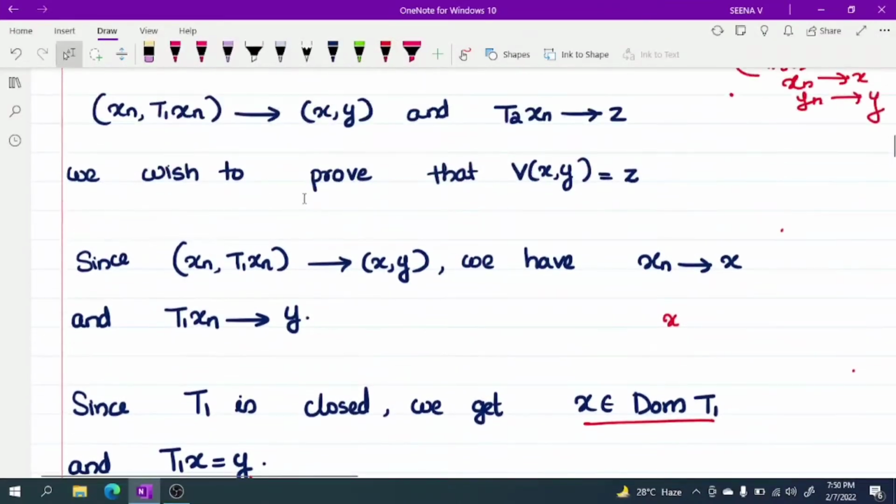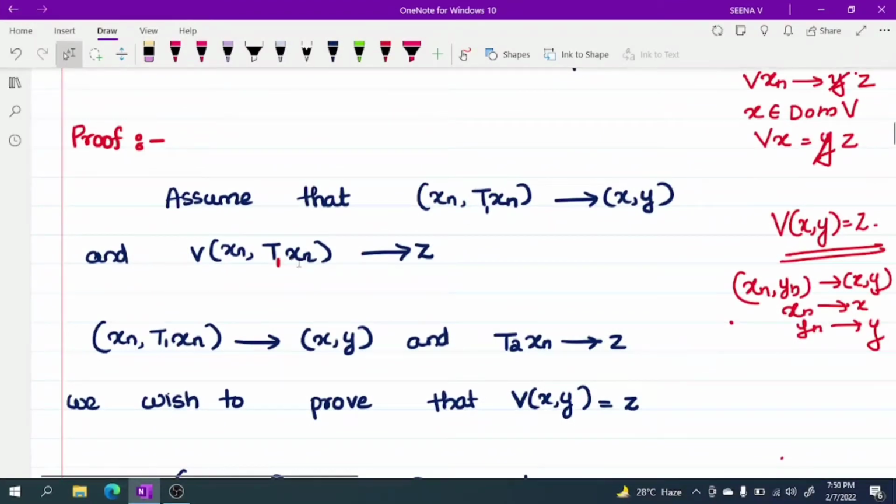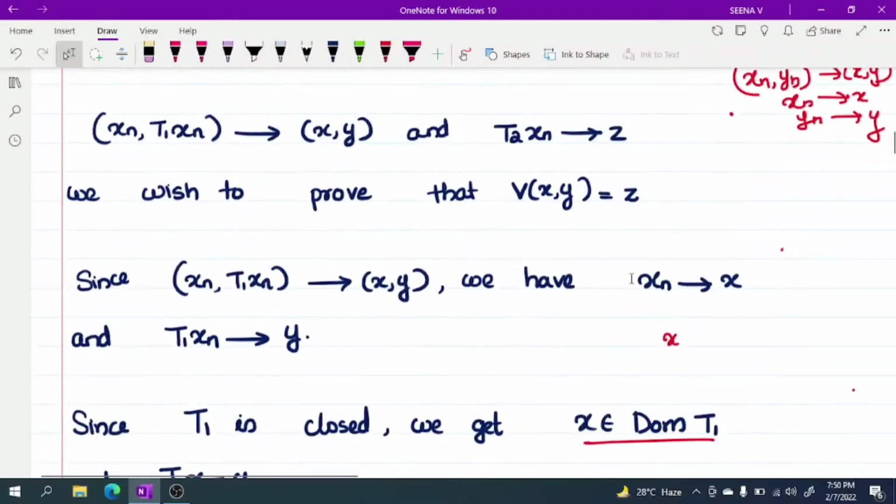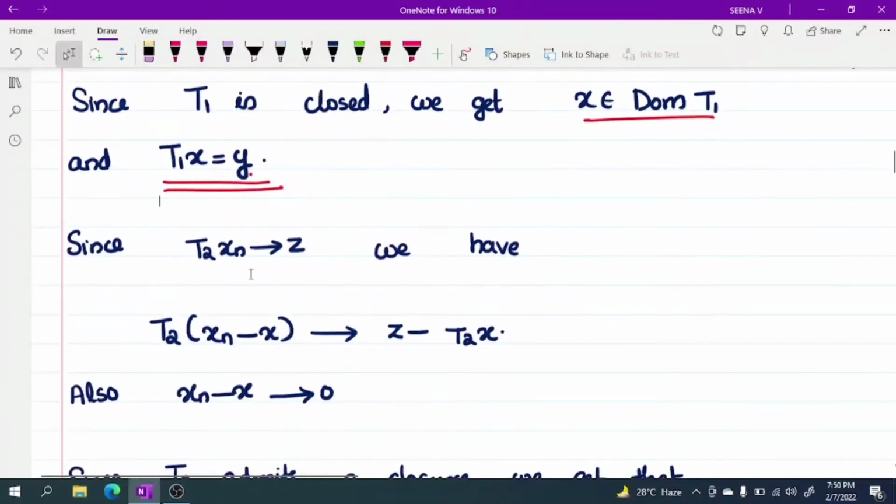We have assumed V(xn, T1xn) converges to z. What is V(xn, T1xn)? V(xn, T1xn) is actually T2xn. So T2xn converges to z. Now what about T2 of (xn minus x)?